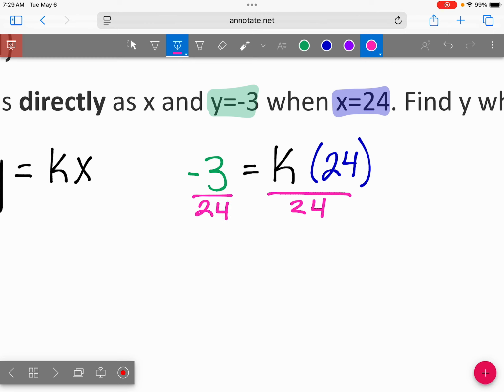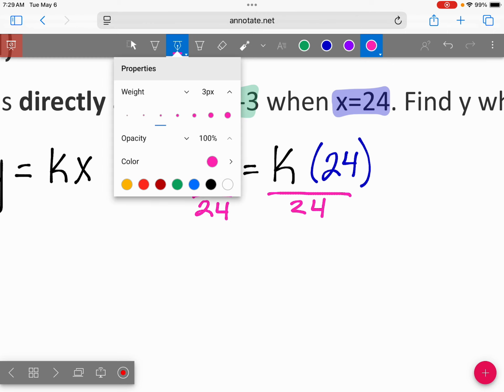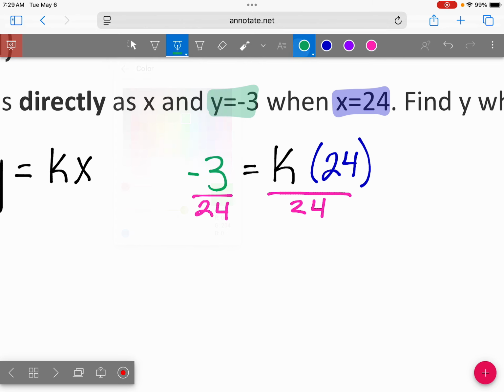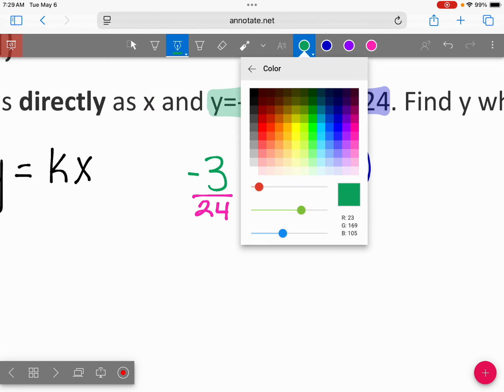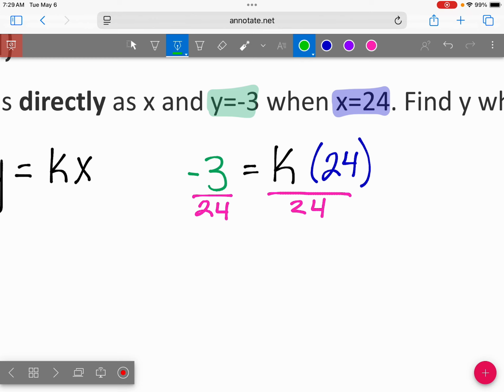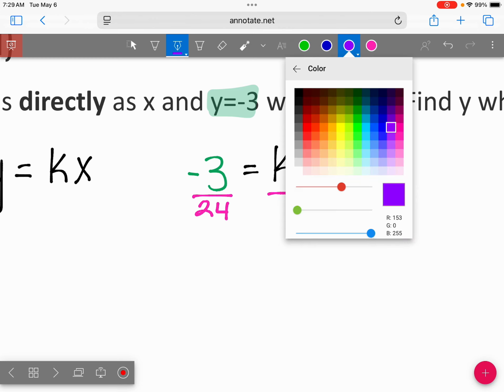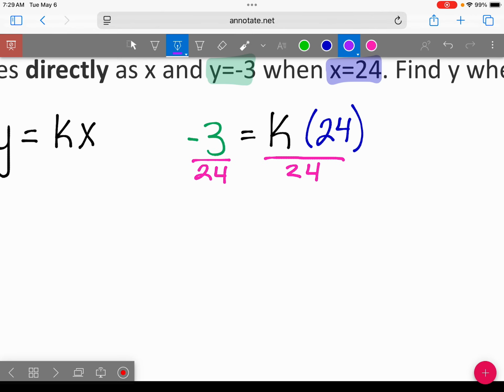If we take -3 and divide it by 24, what do we get? What is negative 3 divided by 24? Negative 3 divided by 24 equals negative 1/8.